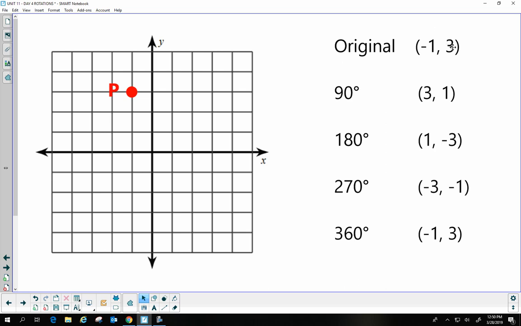When I rotated 270 degrees, I took my original coordinates, changed their order, and then negated the first one: -3, -1. So there's a way to do this by using a rule, or you can just rotate your paper. I find rotating your paper to be the most straightforward way to do this.